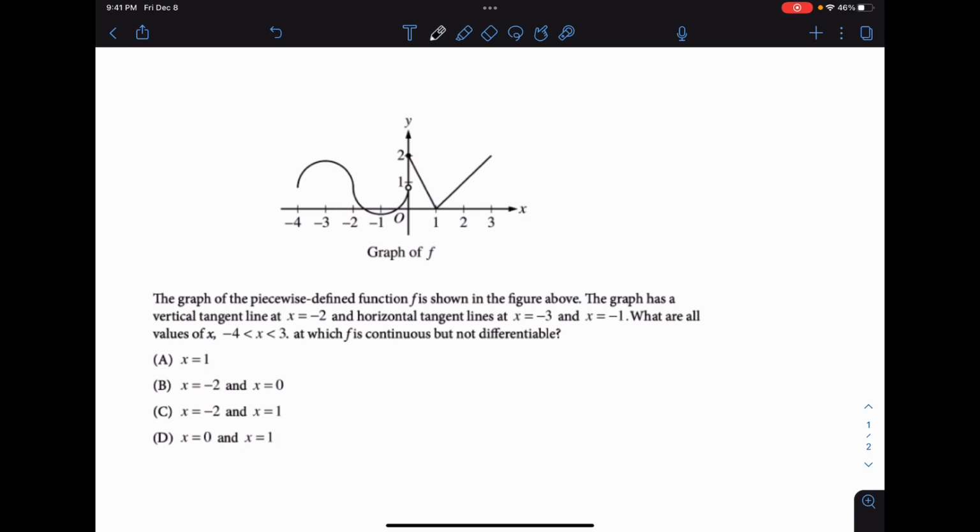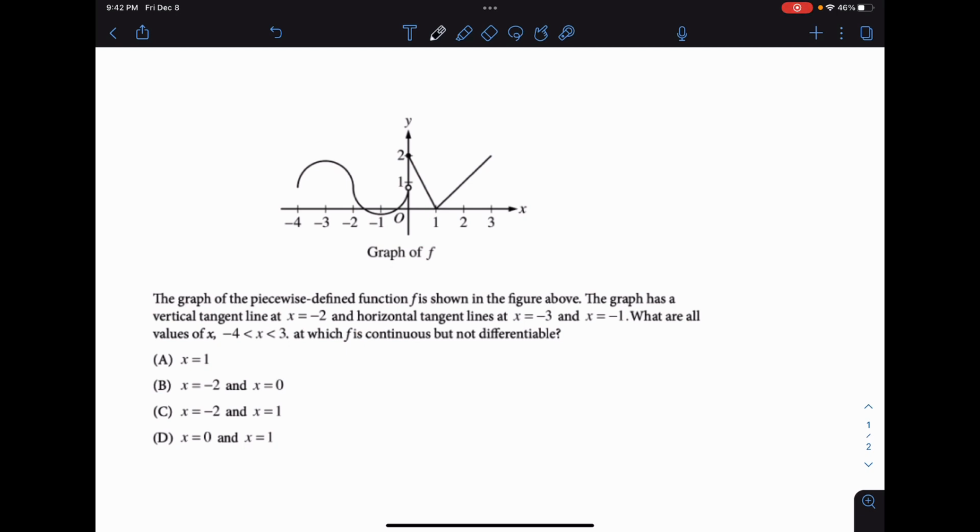So let's just break this down. What does continuous mean? That means that the limit from the left is the same as the limit from the right. There's no gap, no discontinuity. So if we look at this graph, there's only one spot where it's not continuous.